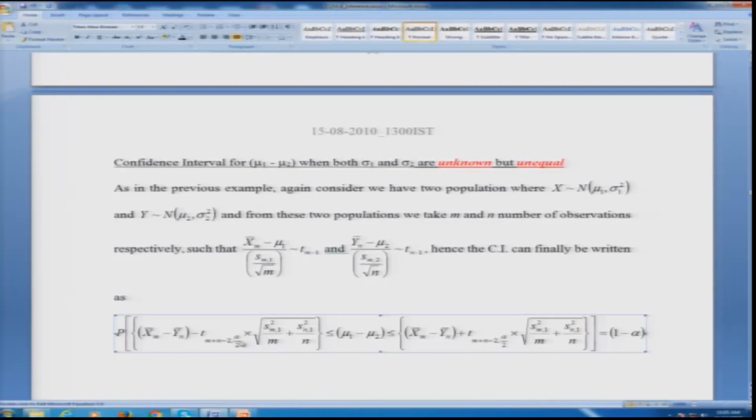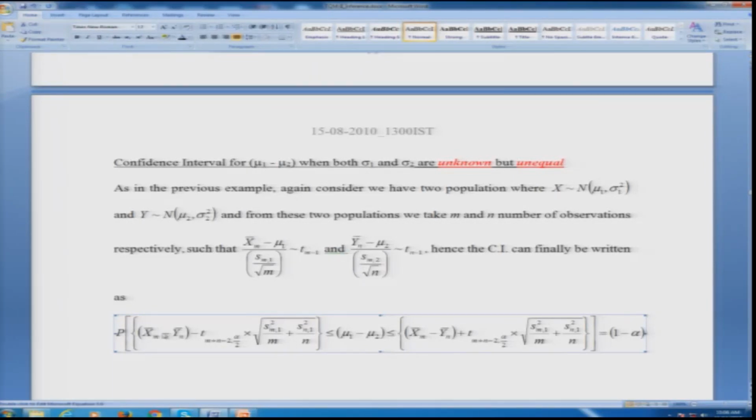Once you replace them, you have the same formula. In the initial case you had S suffix p, the pooled sample. Now S square suffix m comma 1 and S square suffix n comma 2 are the variances of the samples, which are the squares of the standard errors. You replace them in the formula, and the same formula comes out with just a small change.